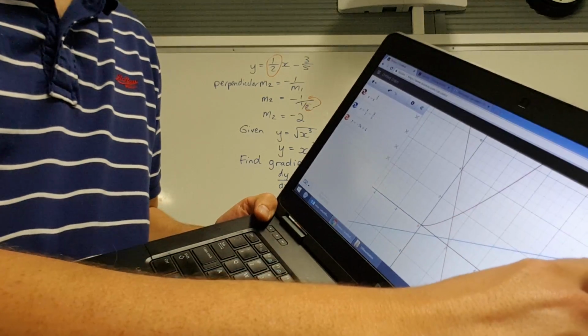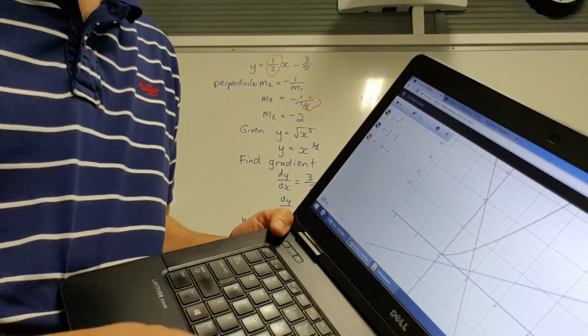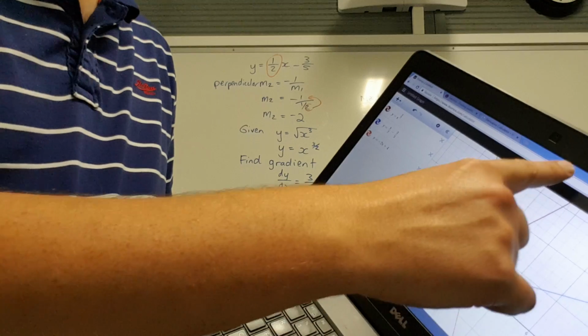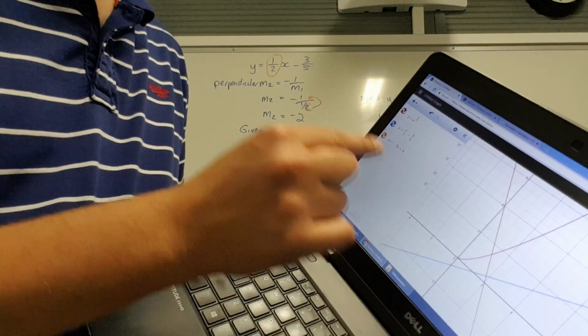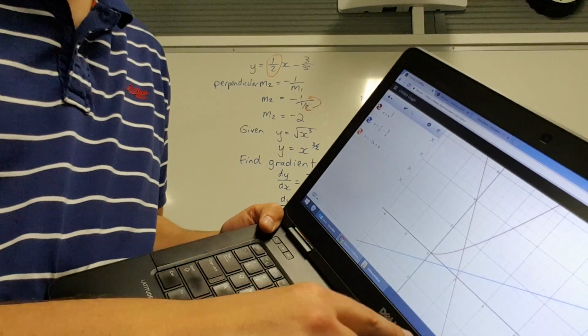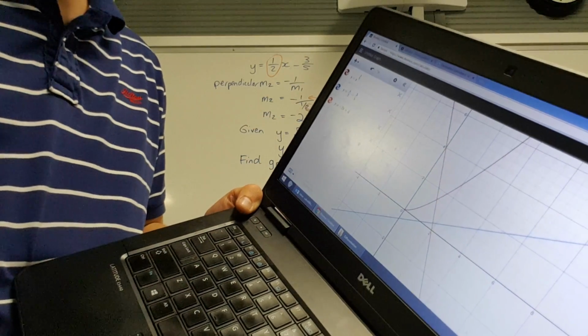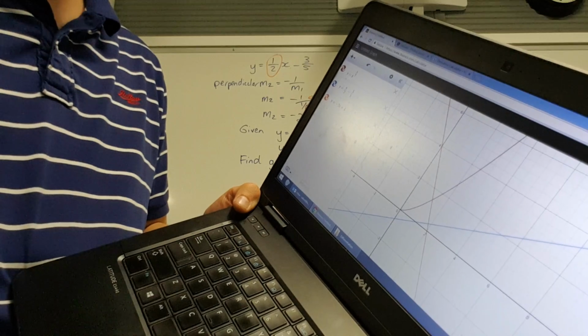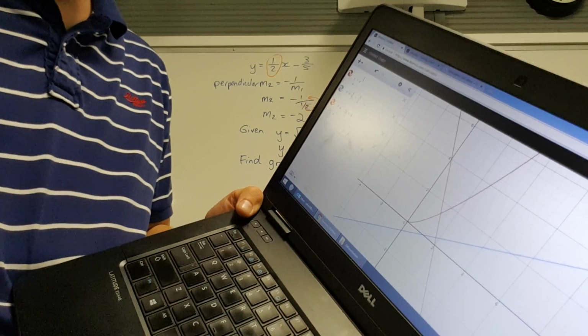To be perpendicular to that, you'd have to have a gradient of negative 2, like you see here. But I'm not sure that formula, y equals x to the power of 3 on 2, I'm not sure that line will ever have a gradient that's equal to negative 2. So I'm tending towards the idea that there's no solution to this problem, or no real solutions. But over to you.